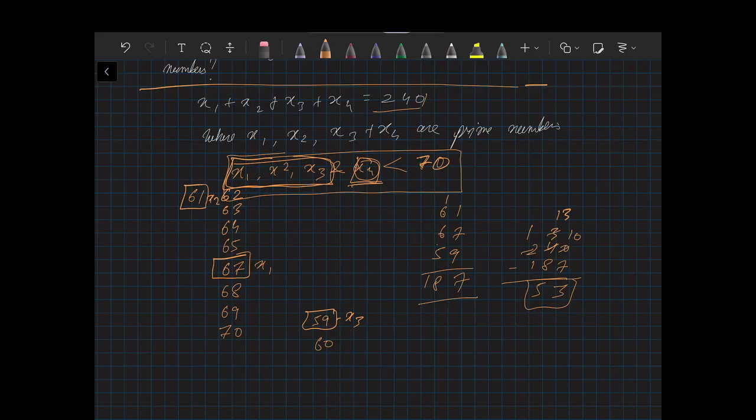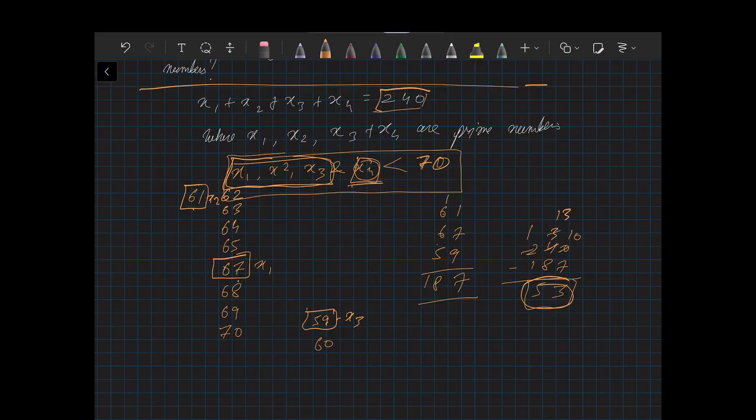So 53 has to be a prime because that's the number we need. We already picked the 3 largest primes less than 70 and we need the 4th. So if we subtract the sum of these 3 from the total value 240, whatever remains has to be the answer, 53. And yeah, that's the answer, 53.